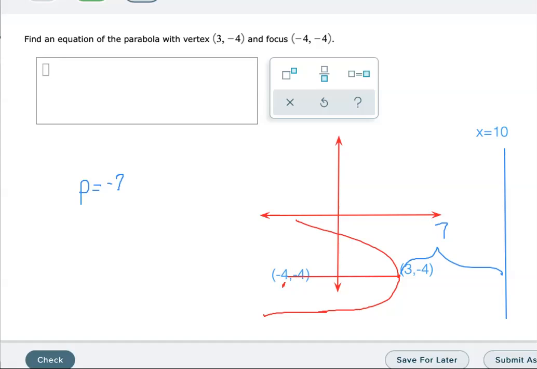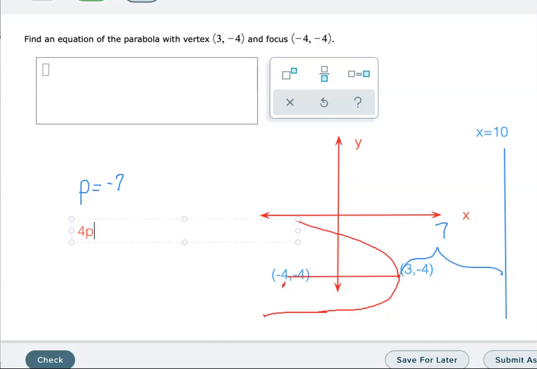That means it opens along an axis parallel to the x-axis, so it's going to be horizontal. We also know that p is negative because the parabola opens to the left. Again, since it's parallel to the x-axis, we know the x is going to be linear, so it's going to be of the following form.